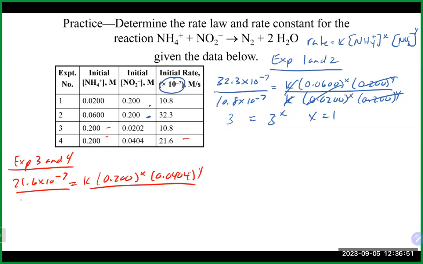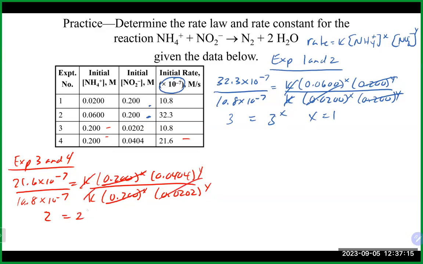Everything in experiment 3 on the bottom, 10.8 times 10 to the minus 7, our K, 0.2 and our 0.0202 to the Y. So taking our 21.6 and our 10.8, going to give us a 2 is equal to, these guys should completely cancel.